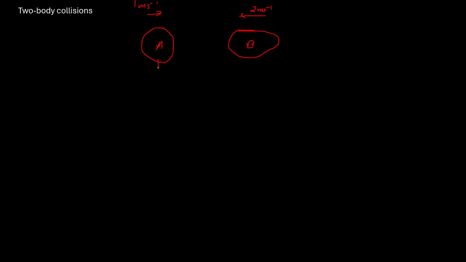If we were to write a momentum formula, let's write this as Km, and this is going to be M. We would state that the total momentum would be the momentum of A plus B. So momentum of A would be K times M times 1, and we add that with the momentum of B, which will be mass M times, now we can't write 2 because it's going the other way.